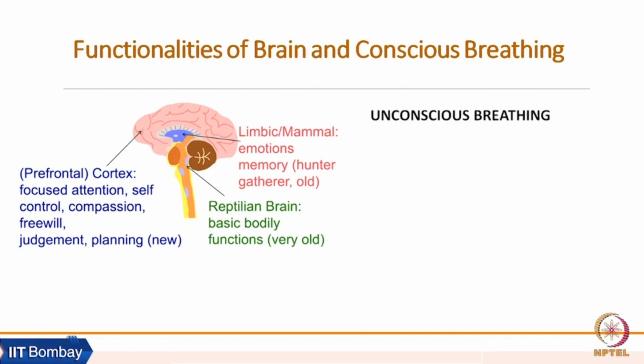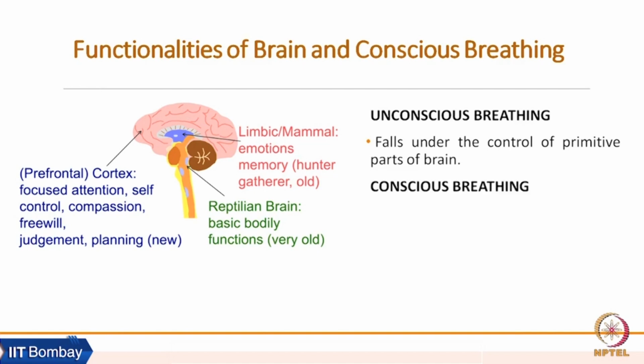If we distinguish conscious breathing from unconscious breathing, we find that unconscious breathing falls under the control of primitive parts of the brain. When we are unconsciously breathing, only the primitive part of the brain shows more activity.